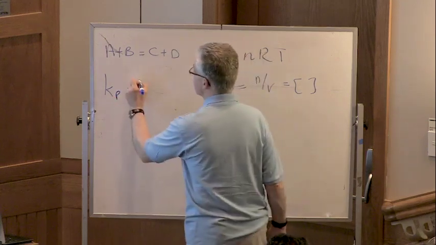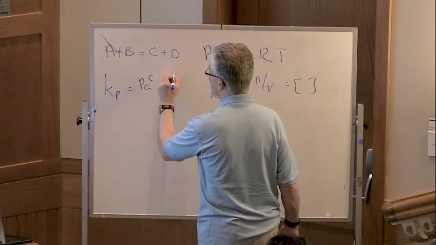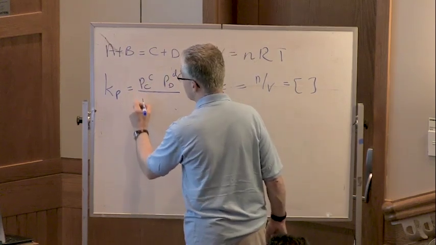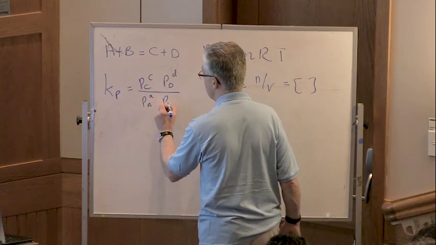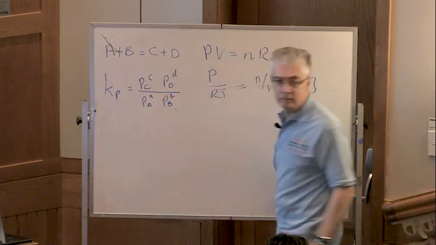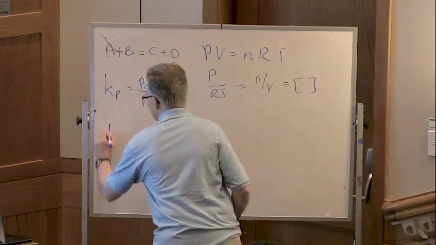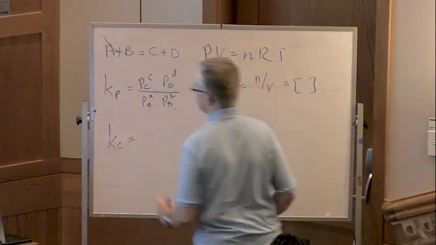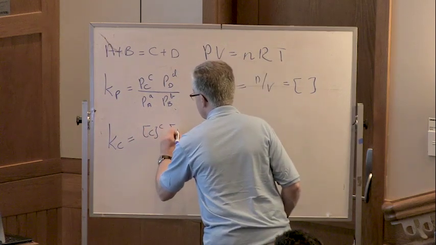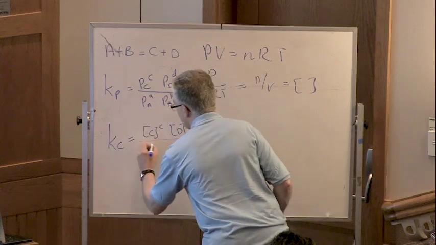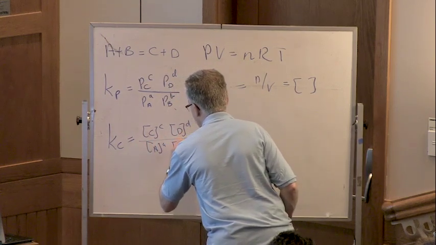Kp is equal to the partial pressure of C to the power of c times the partial pressure of D to the power of d, all over the partial pressure of A raised to the power of a times the partial pressure of B raised to the power of b. And we have Kc equal to the concentration of C to the power of c, D to the power of d, all over the concentration of A to the power of a times the concentration of B to the power of b.